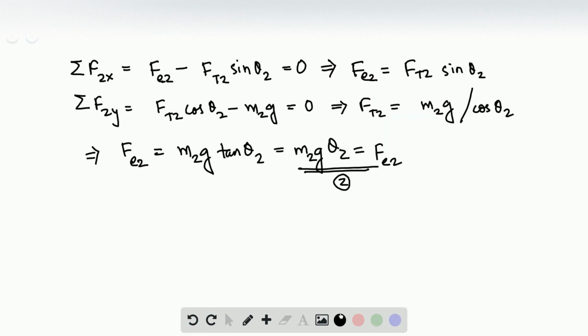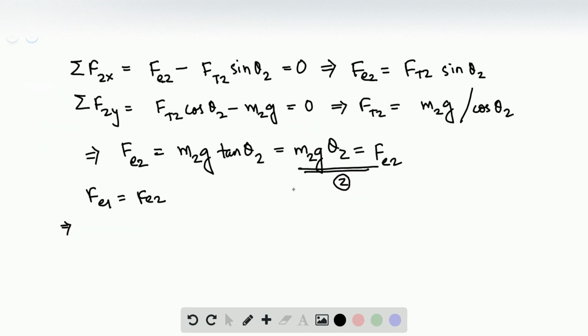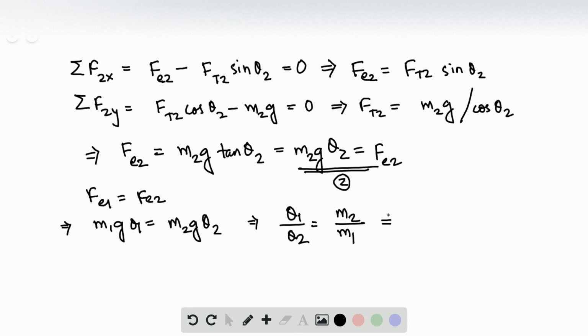So if Fe1 is equal to Fe2, then from equation 1 here and equation 2 here, we get m1g theta 1 should be equal to m2g theta 2, and this gives theta 1 over theta 2 is equal to m2 over m1.